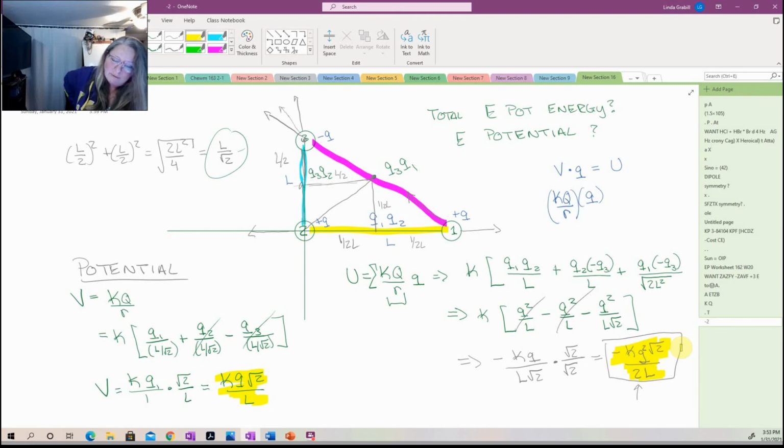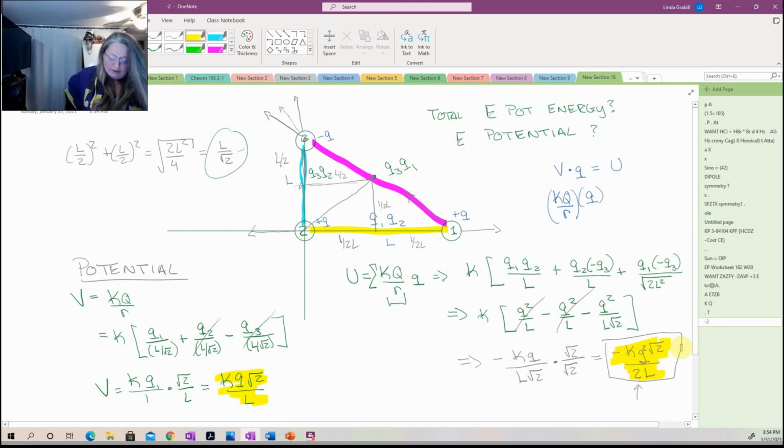I chose a different point. In the first one, we did the overall charges distributed. In the second one, I picked a point, and I said here. Now, if I wanted to know the potential energy at that point, that would change things, wouldn't it? I don't know that that would actually make sense, because you'd be doing the overall potential energy of the system.